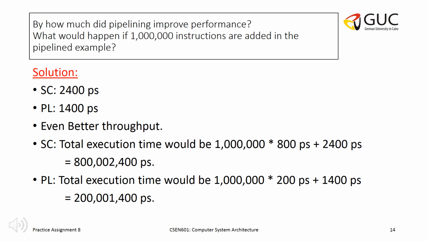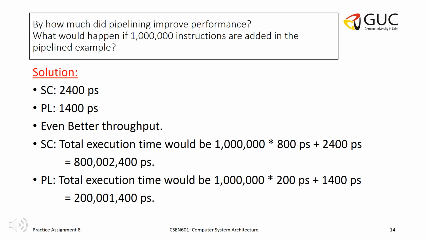How did we get that answer? It's 800 multiplied by 3. Why? Because one instruction takes 800 picoseconds, so if we have 3 instructions, we multiply them together. Okay, this is easy.